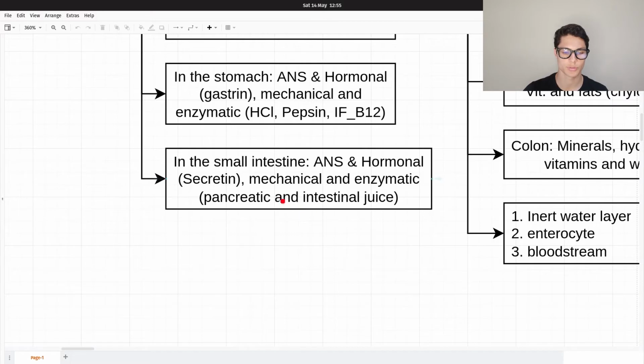The protons concentration will be lower because we came from the stomach and we have to raise that pH level. And the intestinal juice is involved in the ultimate digestion of those last nutrients, such as peptides and dextroses.